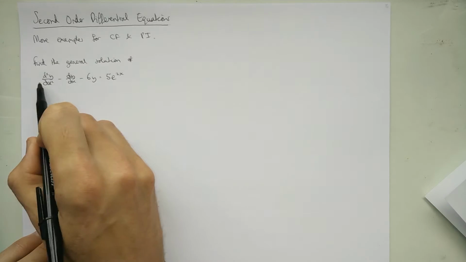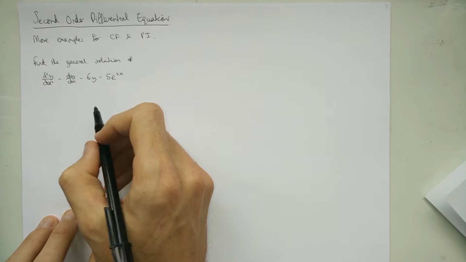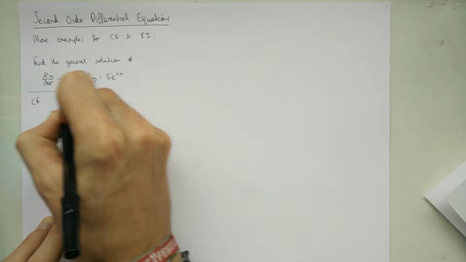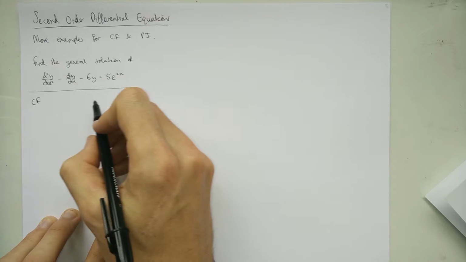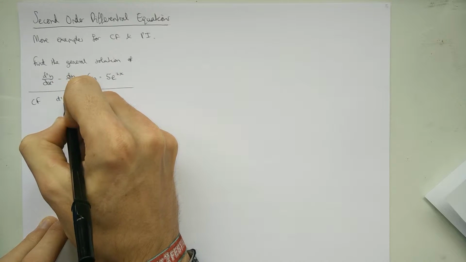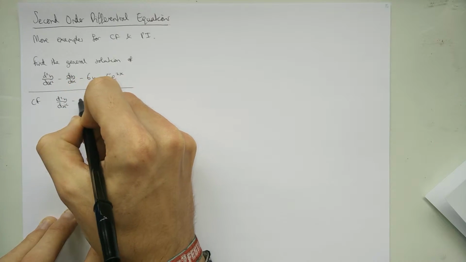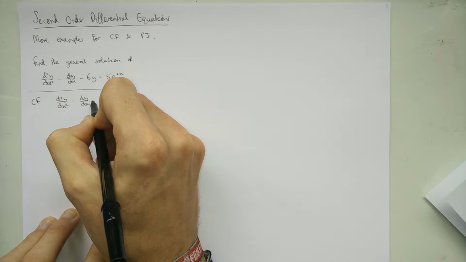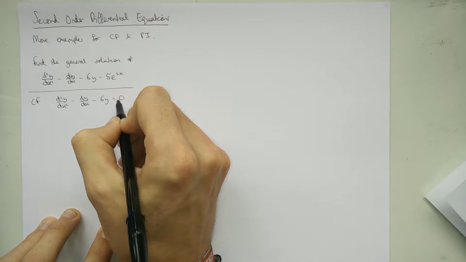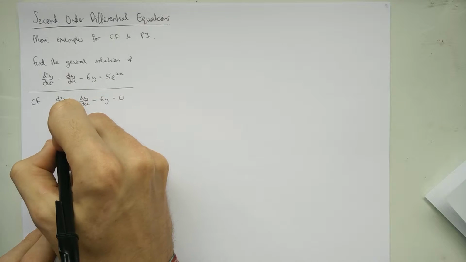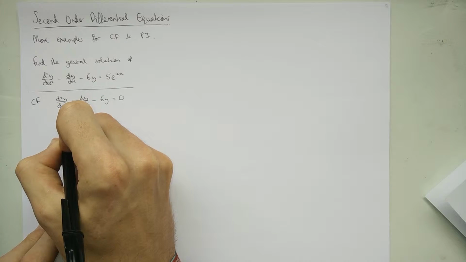So here we're sticking with this very familiar left hand side, just to find the complementary function. For this particular equation, we know what it is because we just let the left-hand side equal 0. And we solved this one, I think, in the second video.